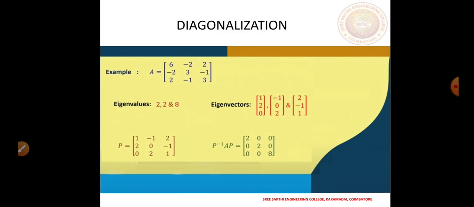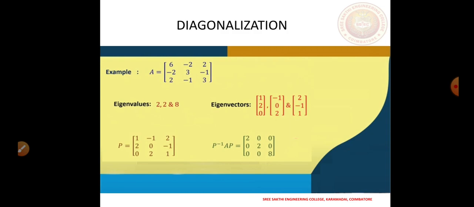Remember, the modal matrix P will be of the same order as A, so we need 3 columns to fill the matrix P.